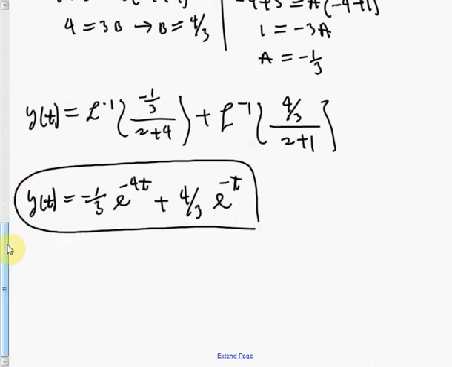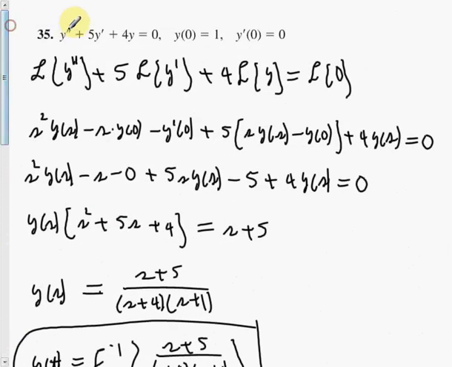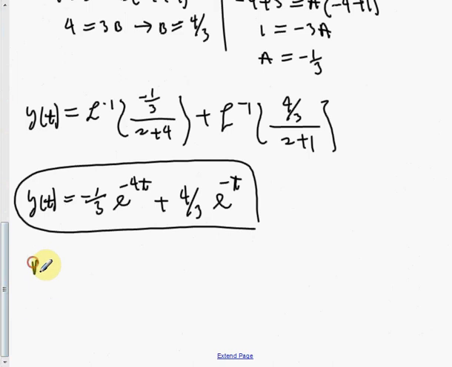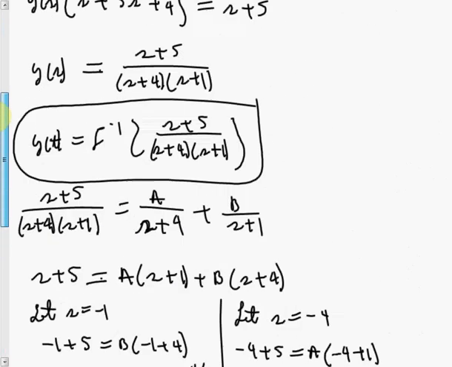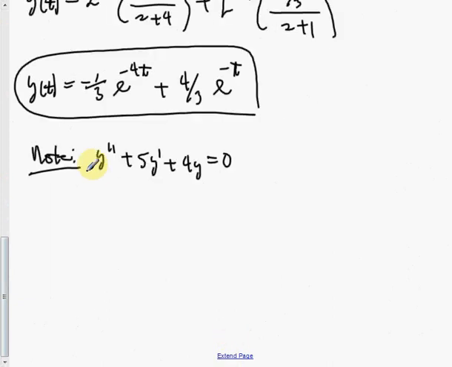Now that makes sense. Let's go back and look at the original problem. That's y double prime plus 5y prime plus 4y. What did I say? Plus and plus. Plus 5y prime plus 4y equal to 0. Its auxiliary equation is m squared plus 5m plus 4 equal to 0.